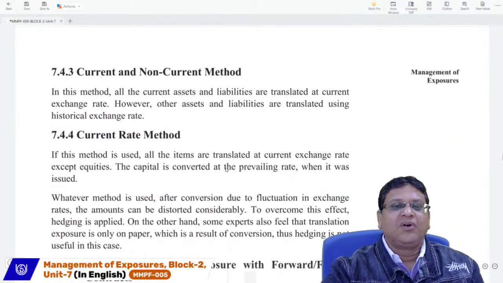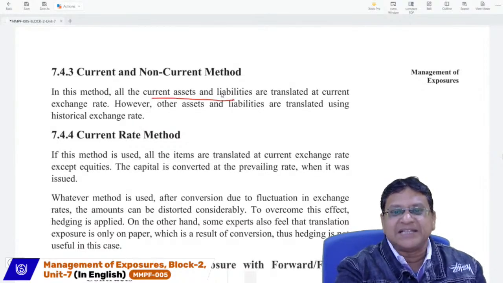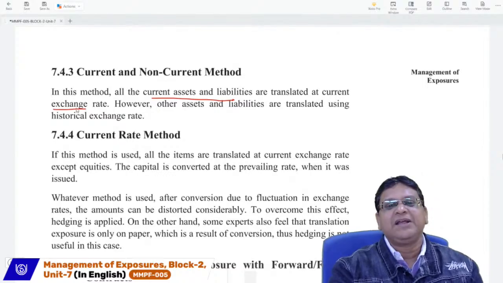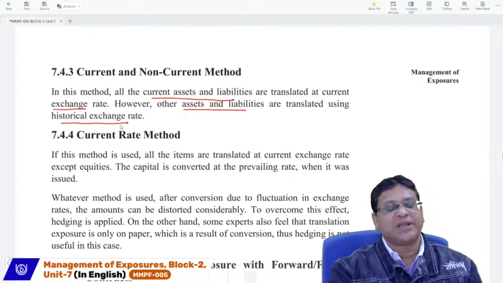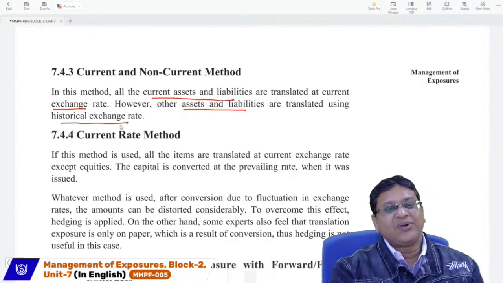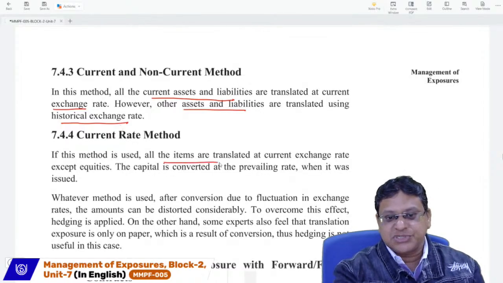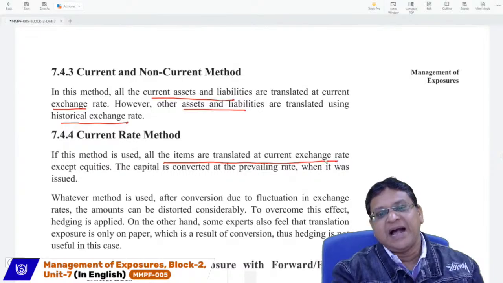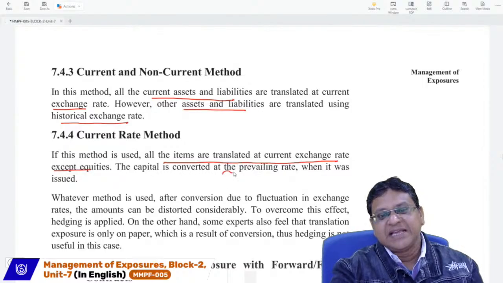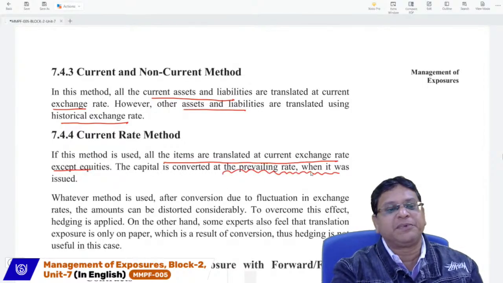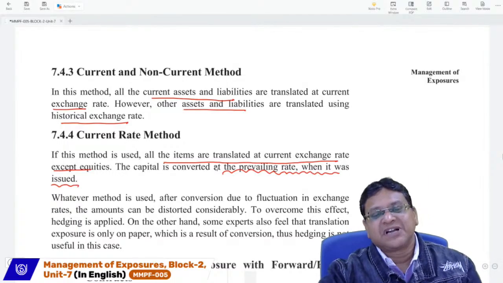Under the current non-current method, the current assets and current liabilities are translated at the current rate, whereas non-current assets and non-current liabilities are translated at the historical rate. Under the current rate method, all items except equity are translated at current rates, whereas equity is translated at the rate prevailing when it was issued. These are the four methods of translation.